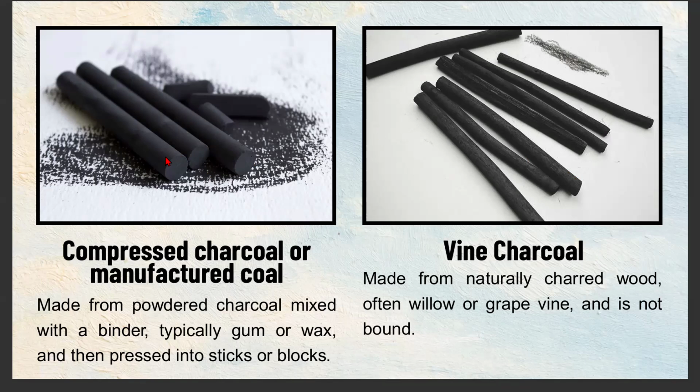Compared to the compressed charcoal, it's easier to erase and it's more fragile. Vine charcoal is commonly good for sketching because it can erase easily. It also produces gray tones compared to compressed charcoal, which produces black. Yeah, that's vine charcoal for you.